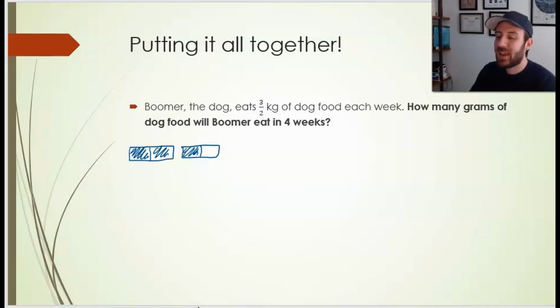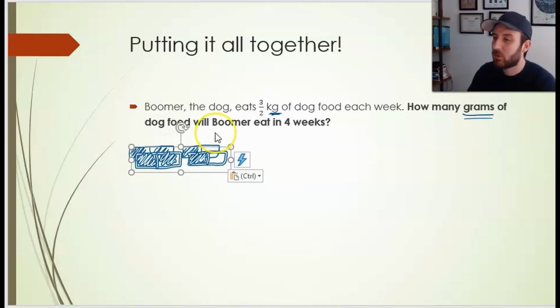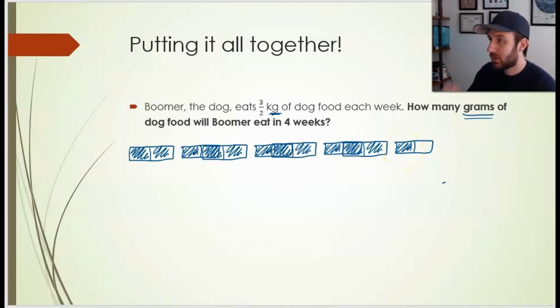Now this asks how many grams, and I do notice that it says grams here, but it says kilograms over here, so I'll need to be careful of that. So it says how many grams of dog food will Boomer eat in 4 weeks? Well, this is 1 week, so I could take this and I could copy this 4 times. And then if we want, we could just go through and count this all up.